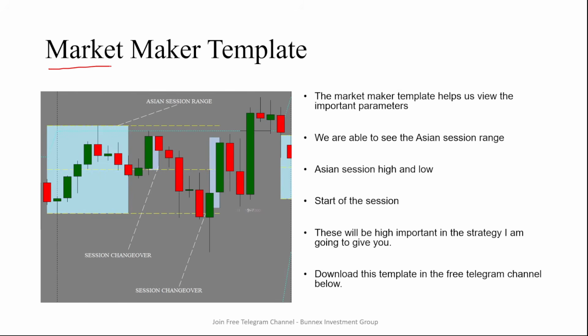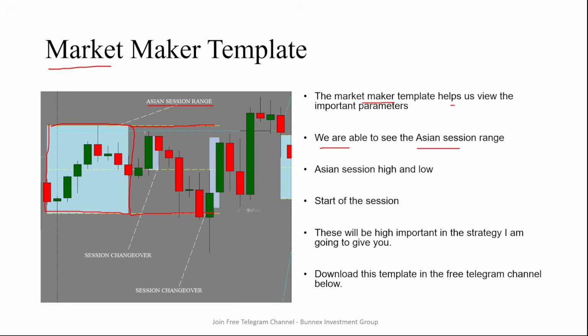All right, so this is the market maker template, and it helps us to view the important parameters of the flow of price. We are able to see the Asian session range, which is this one in light blue. After that Asian session range, we can see this is the high in yellow, and this is also the low in yellow.